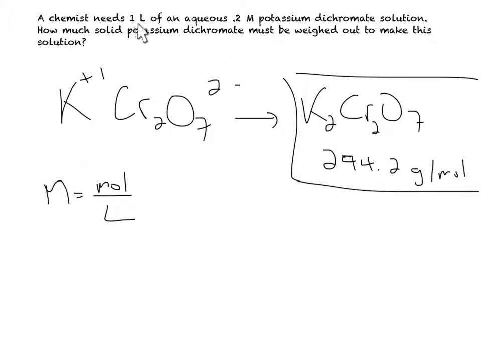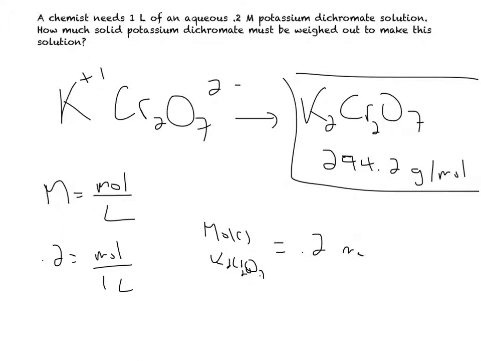We know the volume of solution we want is 1 liter, and the molarity we want is 0.2. So this is very simple. 0.2 equals moles over 1 liter. So the number of moles of potassium dichromate is equal to 0.2 moles.